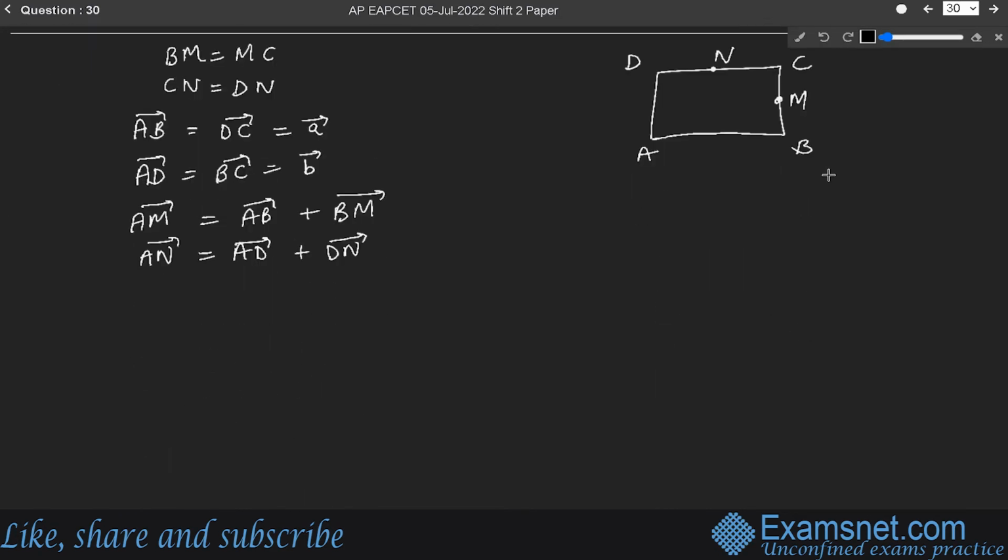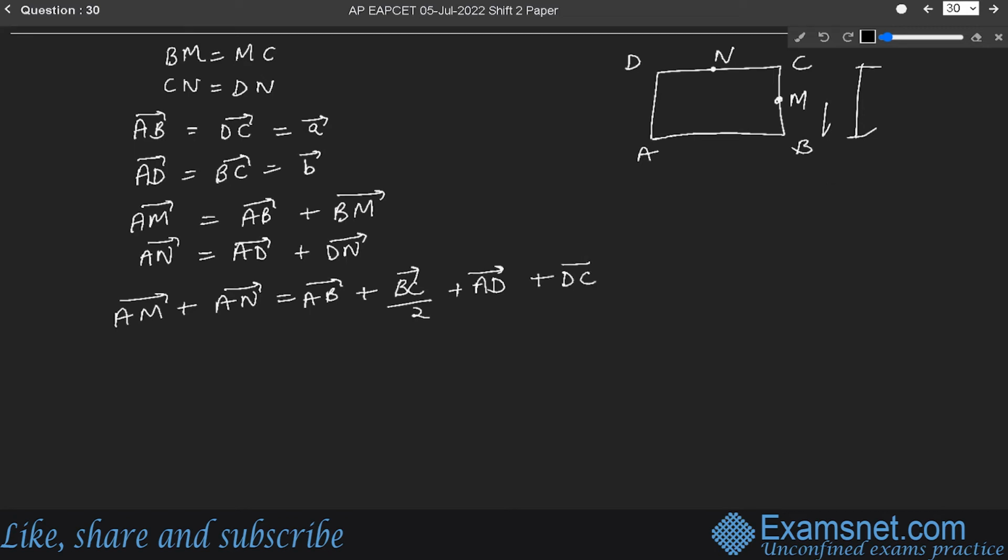Therefore, on adding both these values, because we have to calculate AM vector plus AN vector, it will be equal to AB vector plus BM vector, which can be written as BC vector by 2, because BM is half of BC, plus AD vector. Again, DN vector can be written as DC vector upon 2.